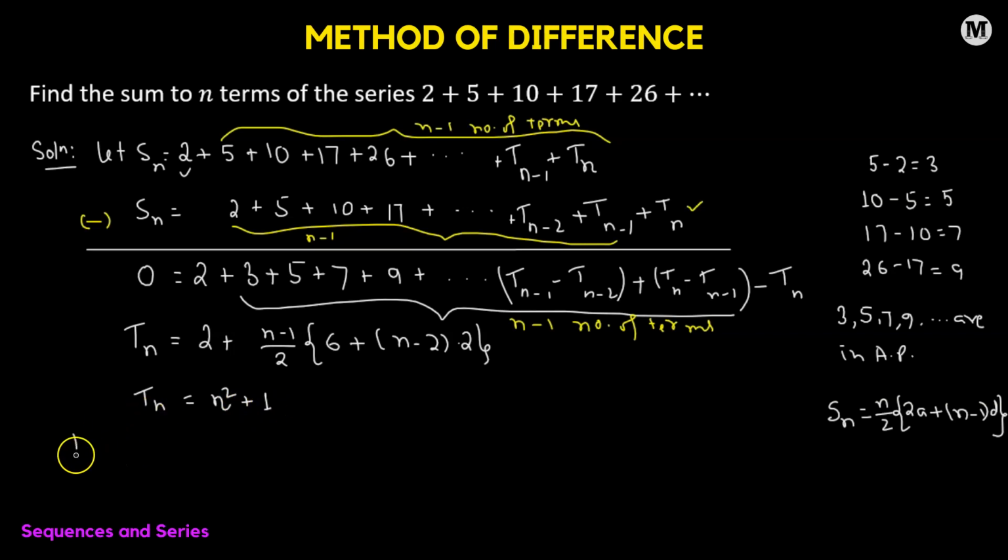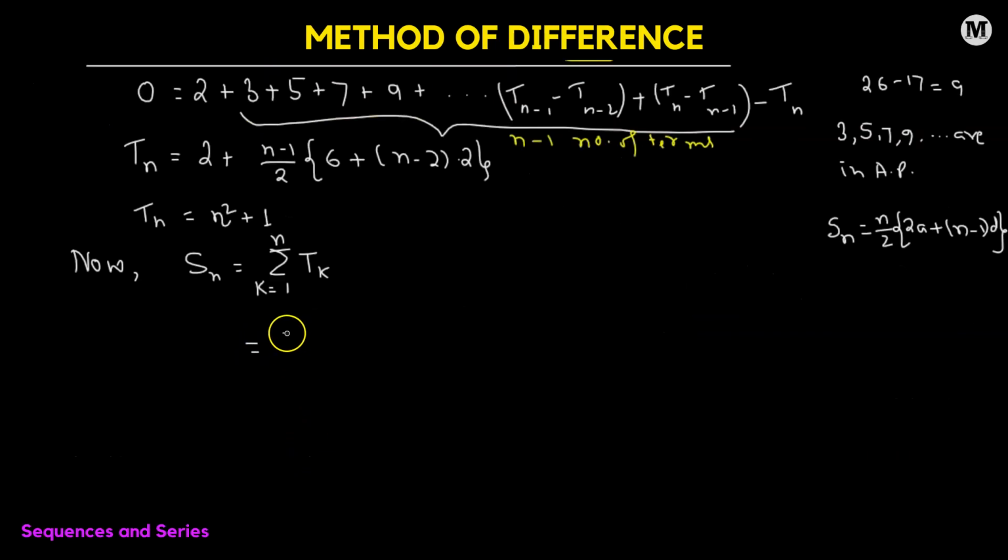Now that we have the nth term of the series, we can easily find out the sum up to n terms, which is defined as the summation of the kth term, where k is an index that runs from 1 to n. Now we have the summation of k squared plus 1 with k running from 1 to n. This can also be expressed as the summation of k squared with k going from 1 to n, added to the summation of 1 with k running from 1 to n.